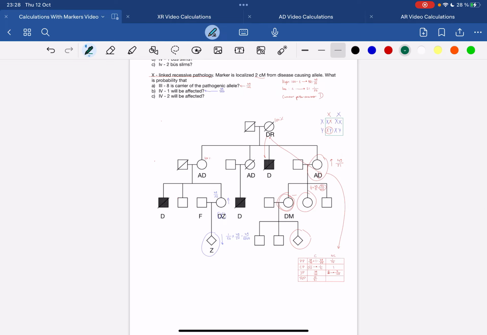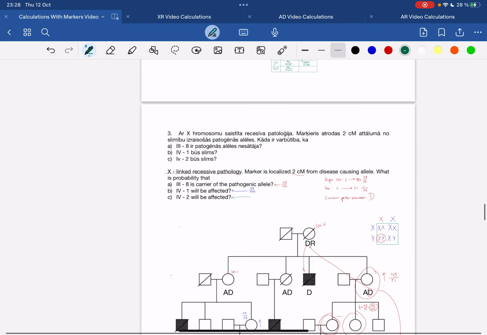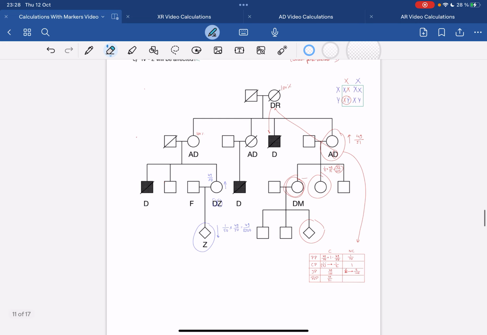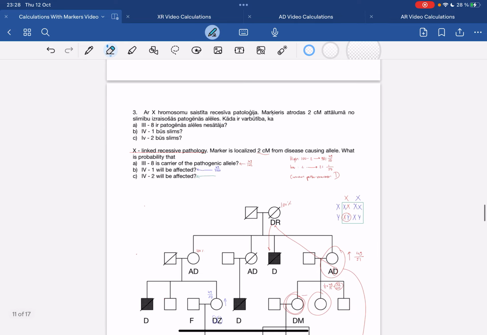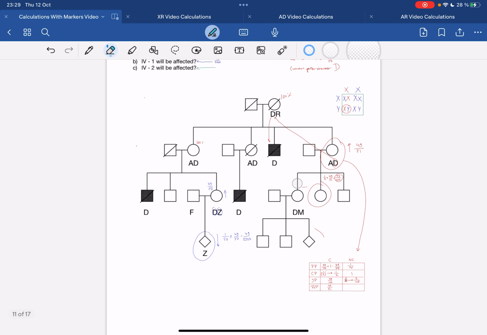Now for the green one, and the green one is going to be a little bit complicated because I don't understand the solution part, because I get another value than what is written in the solutions. So here we want to know what is the chance for 4-2 to be affected, and 4-2 is right here.